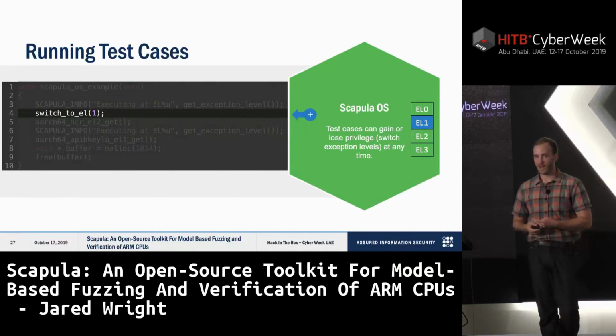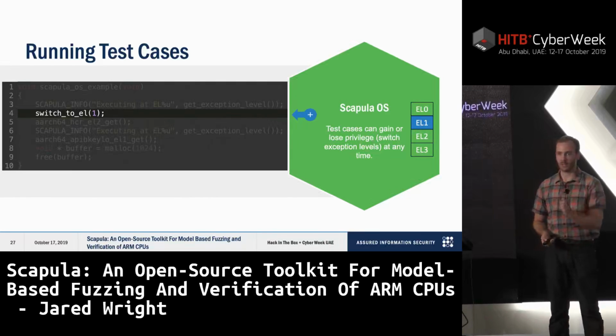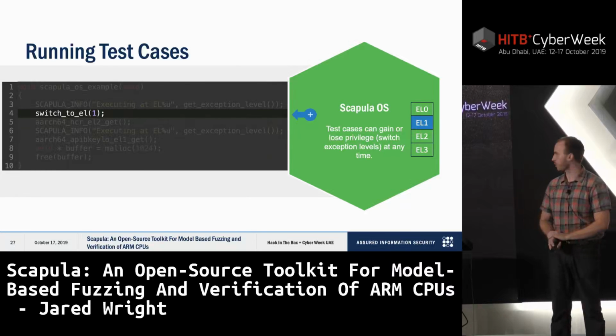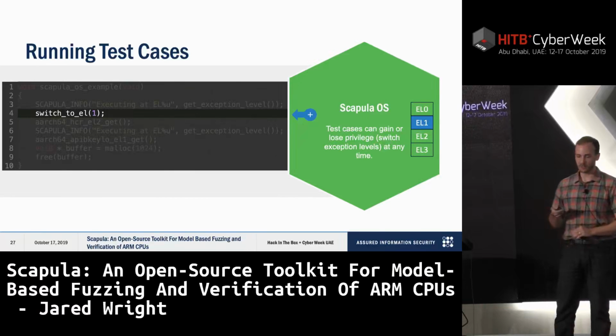Imagine an application that was running and had a function you could call, named something like "make me the operating system." When that function returns, your application is now the operating system in that environment. You can use it to switch back and forth between whichever privilege level you want, just by calling a function. After you switch exception levels, you can see the privilege has changed to EL1, which is the example we're doing here.